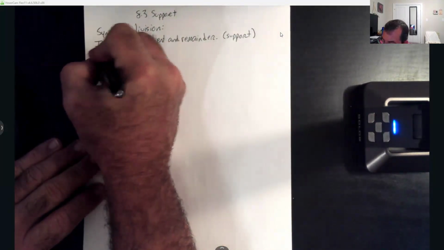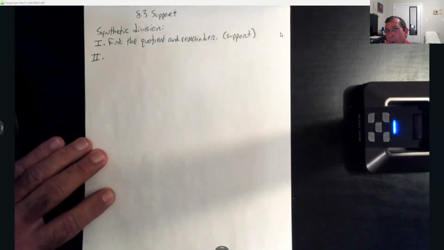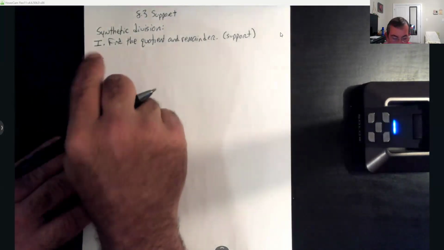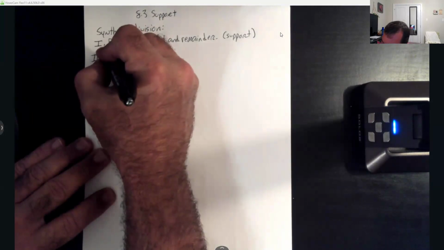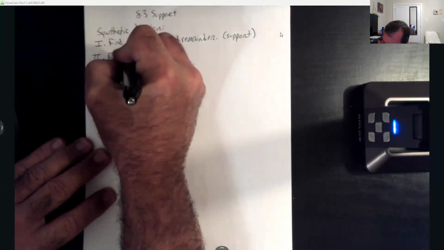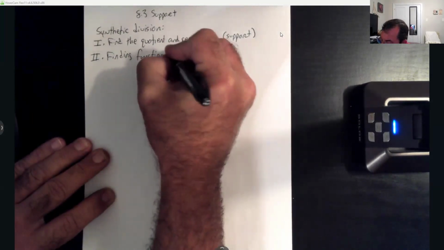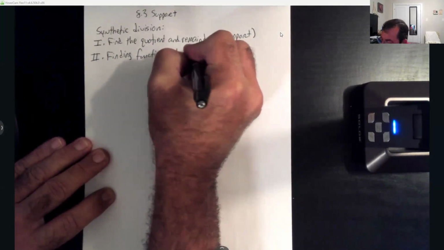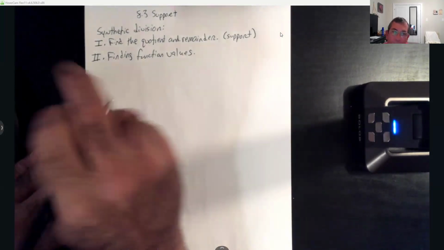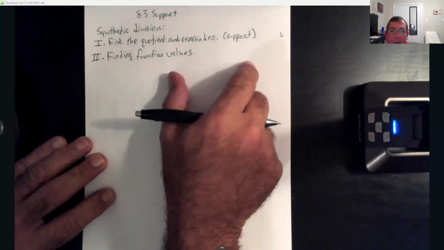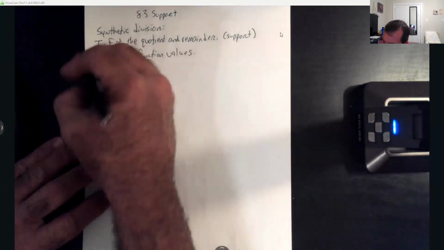Now, the second thing and third thing I use it for will be more into the college algebra. But I can find function values. So like f of 2, f of 3, and stuff like that. If I'm given a polynomial, I can find function values.